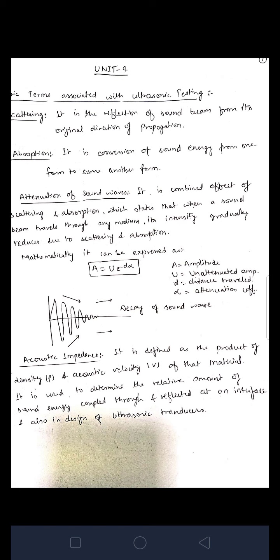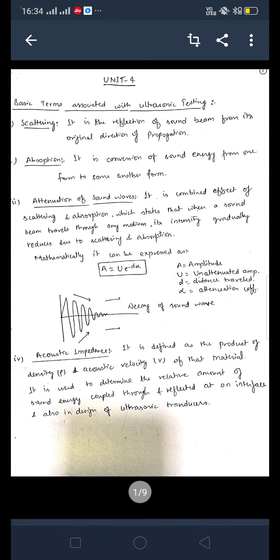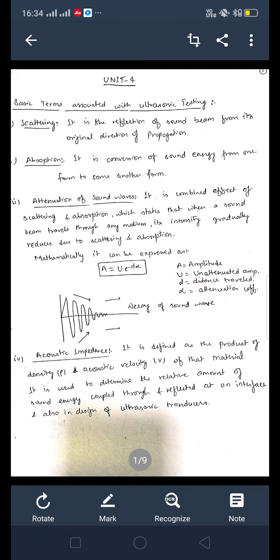Now here in ultrasonic testing, attenuation of sound waves is the combined effect of scattering and absorption, which states that when a sound beam travels through any medium, its intensity gradually reduces due to scattering and absorption.